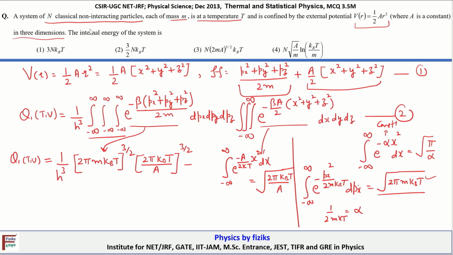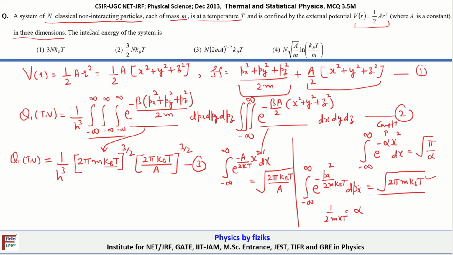Okay, so let's call this result 3. Because here we are having kt power 3 by 2, and in the second term also we are having kt power 3 by 2, when we multiply these two terms, not adding, kt becomes kt power 3 by 2 plus 3 by 2, so that is 6 by 2. So ultimately it is equal to kt power 3 basically.